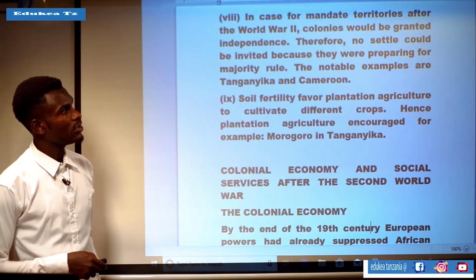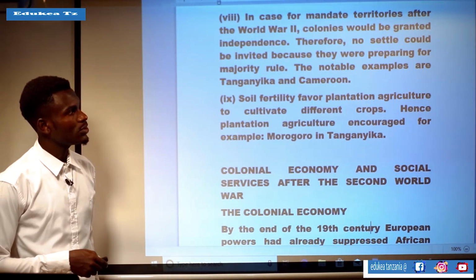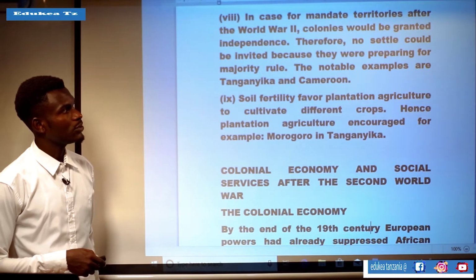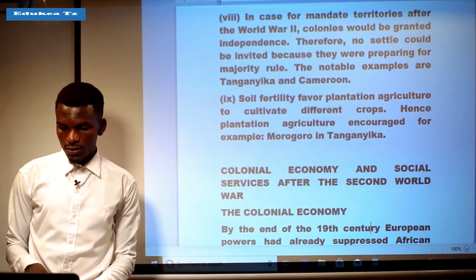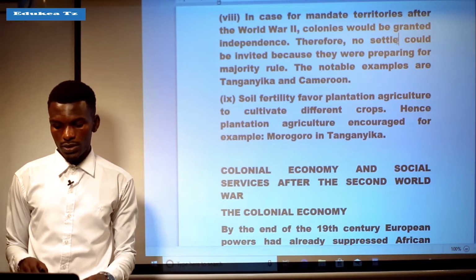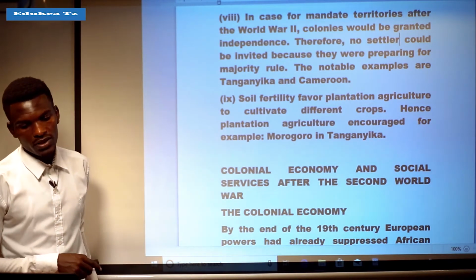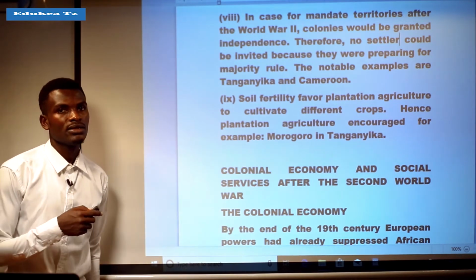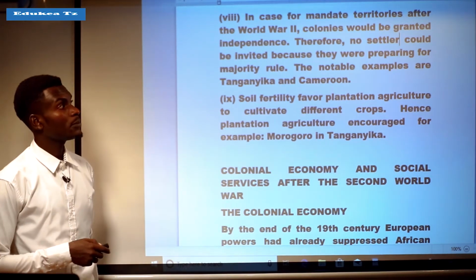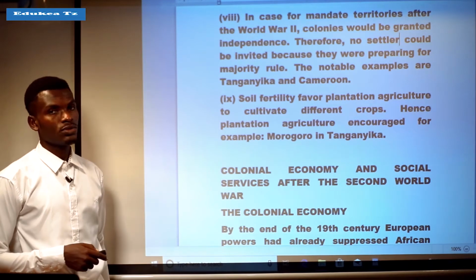Therefore, no settler could be invited, because those countries which were under mandate territory were prepared for majority rule.